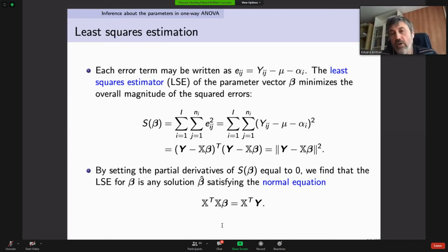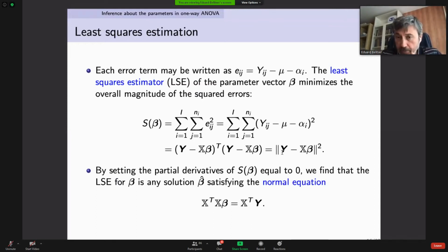And then we're going to simply apply the least squares method. We make such a function. Let me just concentrate on this expression, because this expression is at least for me the most clear one. We look at the distance between vector y and x beta, which is on the right hand side of the model.